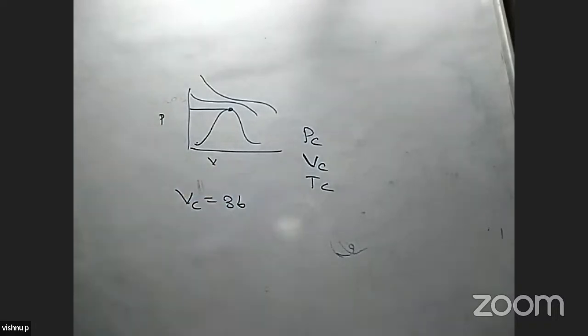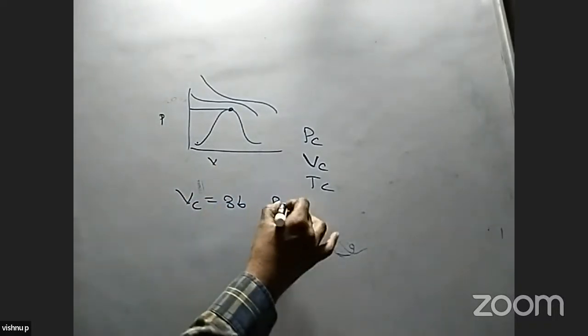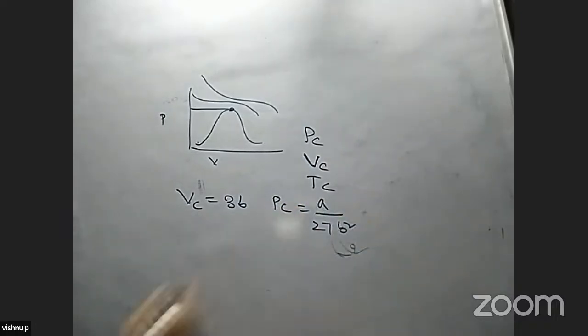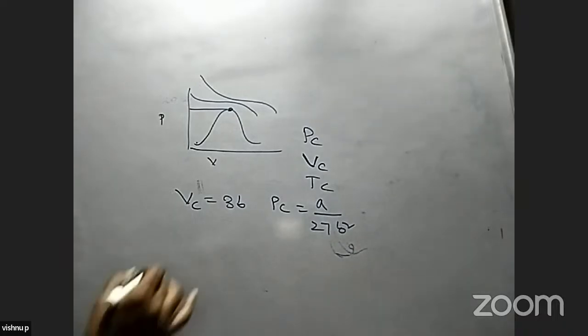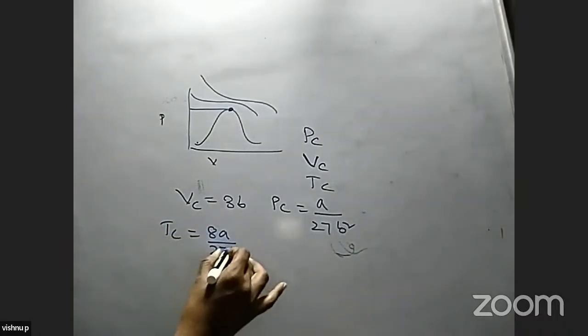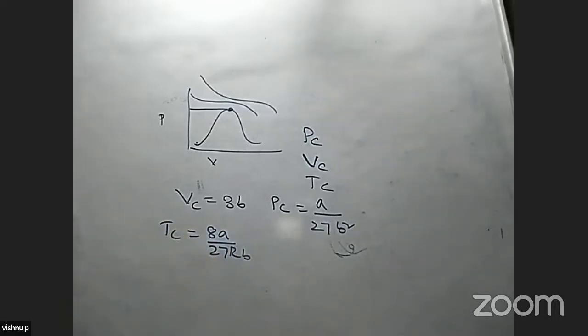VC value is always equal to 3B, where B is the repulsive forces constant. PC is A by 27 B square. TC is 8A by 27 RB. R is the gas constant and B is the Van der Waals constant. So these are the critical temperature, critical pressure and critical volume.